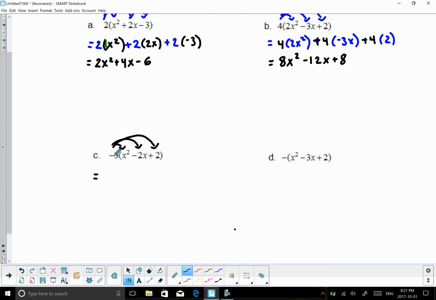So here there's a negative 3, and remember, anything with no number there, there's a 1 there. So that's negative 3 times 1. So I'd write negative 3x squared. Then I do negative 3 times negative 2. Negative times a negative is a positive, so it's positive 6x. Then negative 3 times 2 is negative 6.